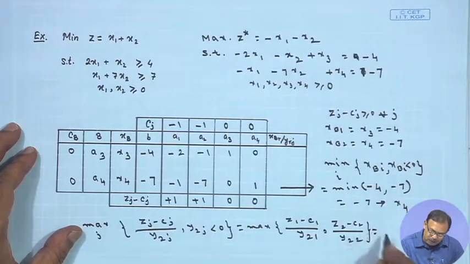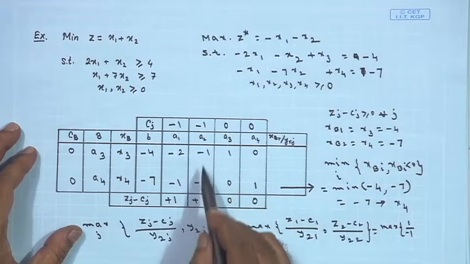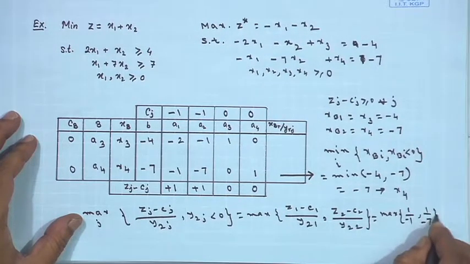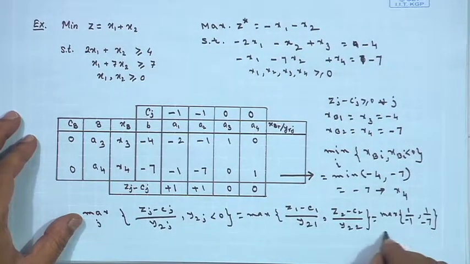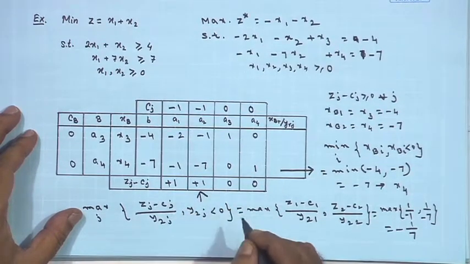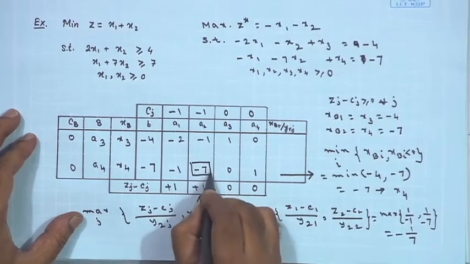So, the values are the maximum of 1 by minus 1, where the negative is coming, and 1 by minus 7. So, the minimum is equal to minus 1 by 7, which is occurring for this y_22. So, your entering vector will be this one. Your a2 will be the entering vector in the basis, and this is the pivot element.